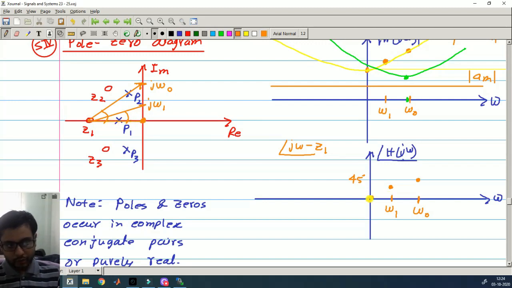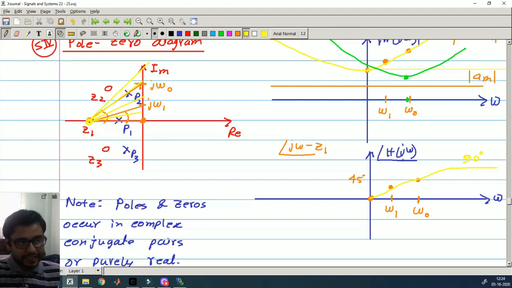So here we will mark angle 0, and as you increase omega towards infinity, you can see that the angle also increases and it goes towards 90 degree in the extreme case. So this plot will look like this. It will reach 90 degree finally.